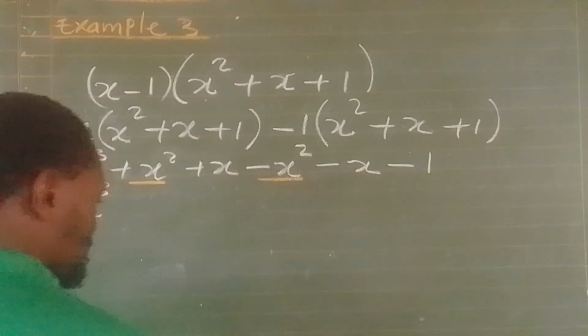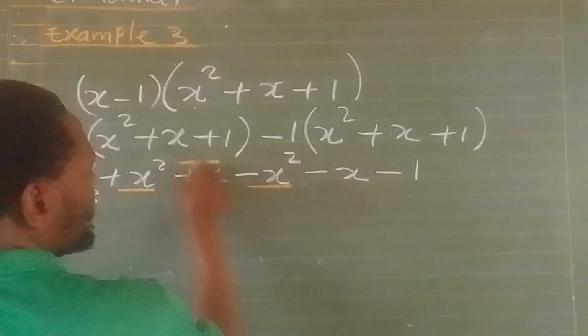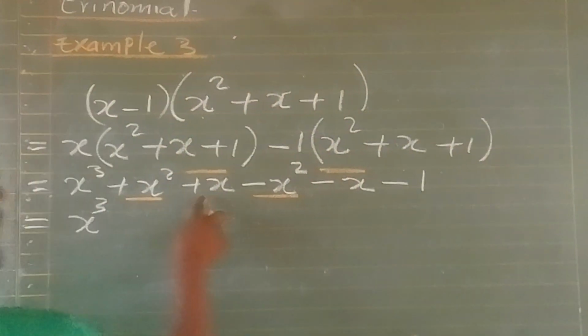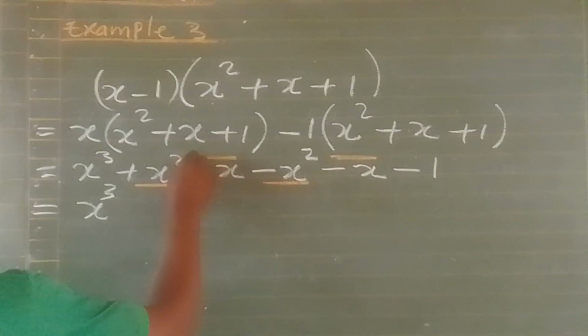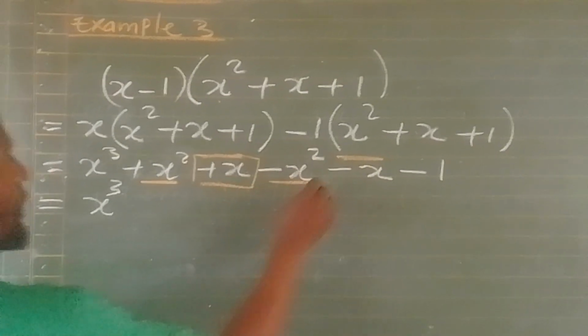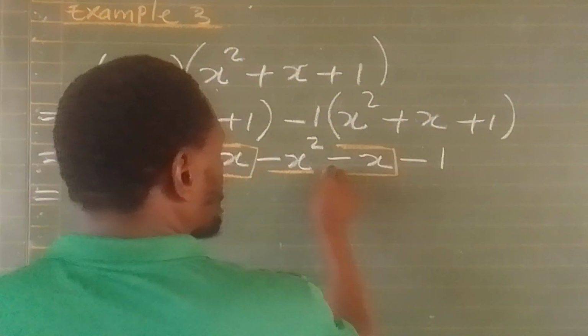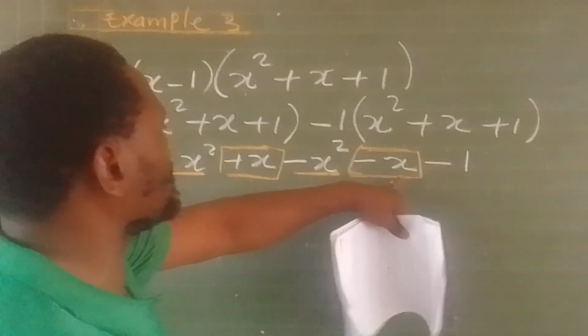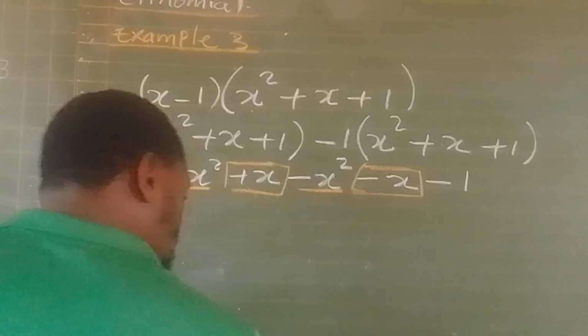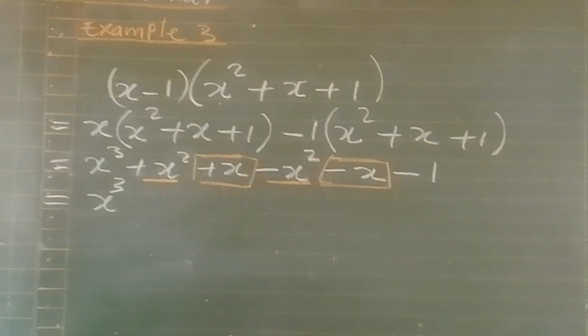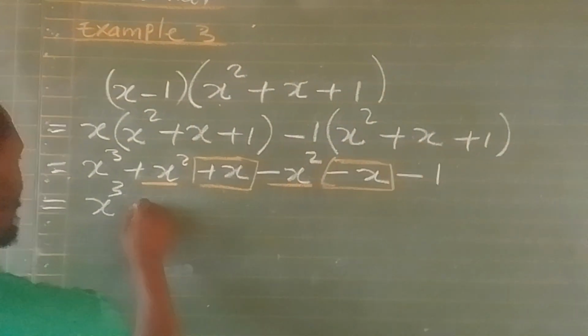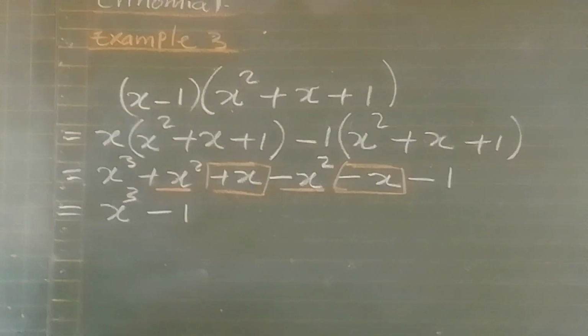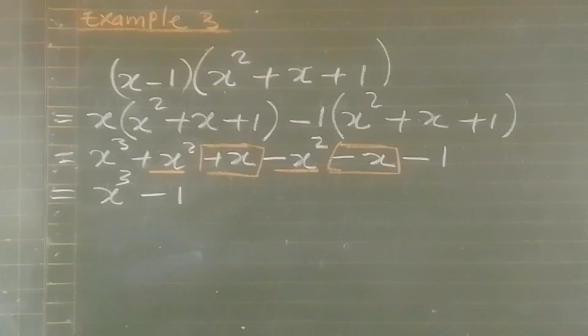And the same thing goes here. Your x here is positive, your x here is negative, they cancel one another, you are left with minus 1. You have simplified it.